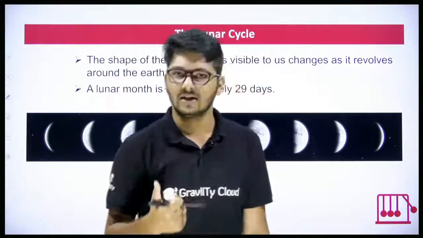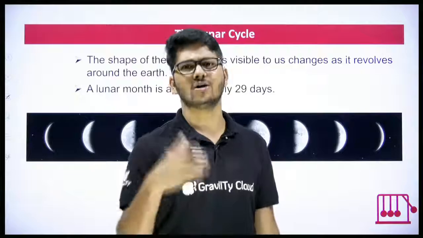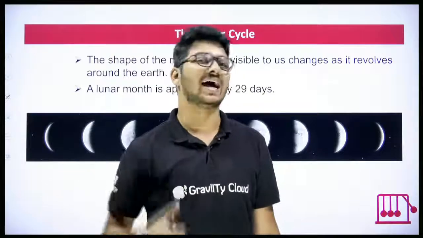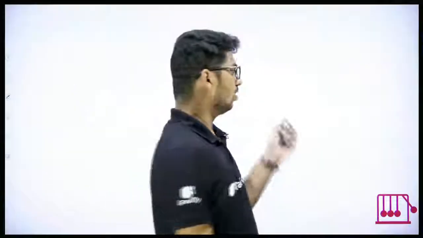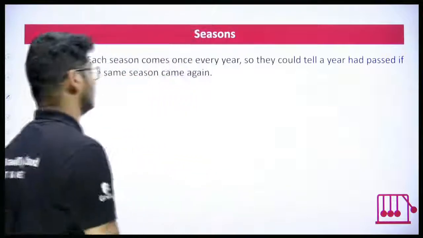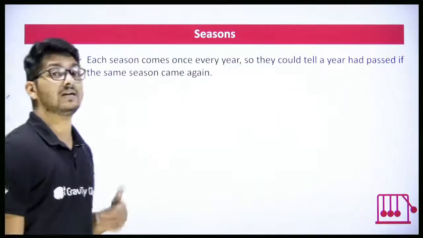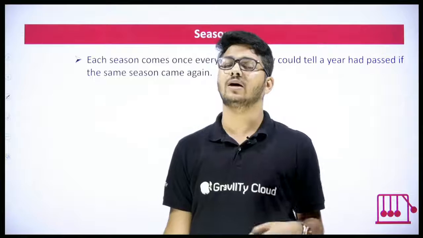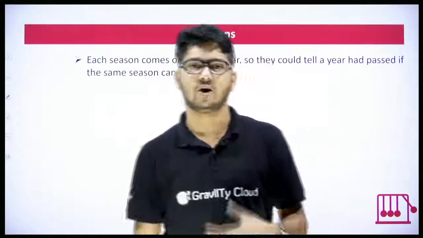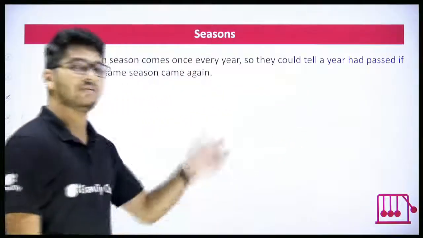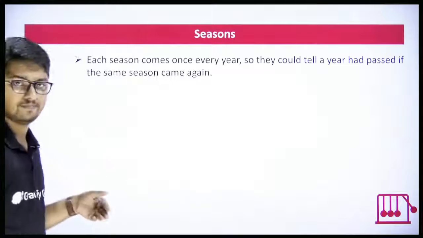So they had the sunrise and sunset or day-night cycle, and the lunar month. They also had seasons. And seasons were more important when it came to agriculture. Even today, seasons are very important in agriculture, for when to plant a crop, when to harvest a crop, when to cultivate a crop, all of them.